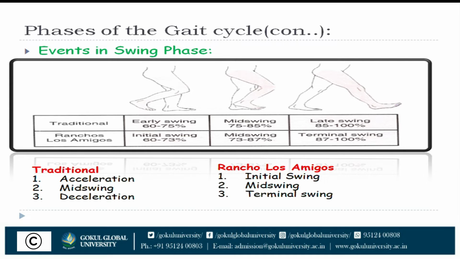As we can see in the picture, percentage-wise, early swing is 60 to 75%, mid swing 75 to 85%, and late swing 85 to 100%. Similarly, initial swing is 60 to 73%, mid swing 73 to 87%, and terminal swing 87 to 100%.